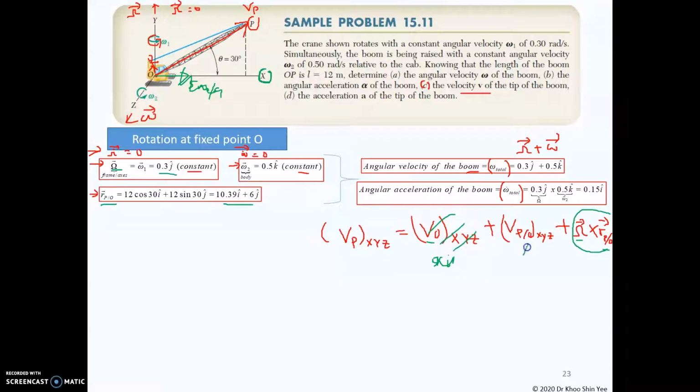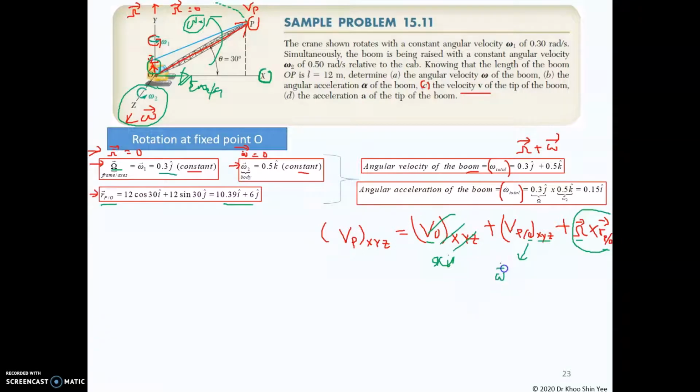To compute this component, you need to imagine yourself at O, which is the non-inertial frame here. So you observe the movement of P with respect to O. So you can see that the rotation is due to the ω2, which is this. ω2 is the ω body that we mentioned before.